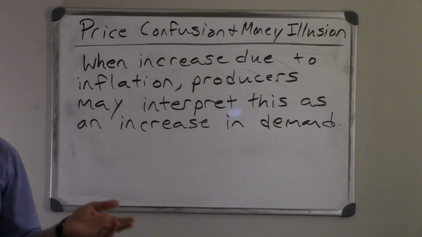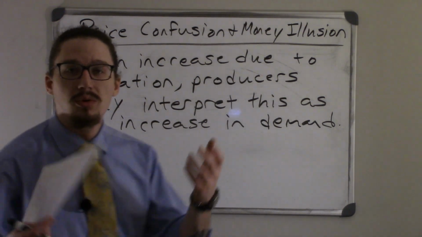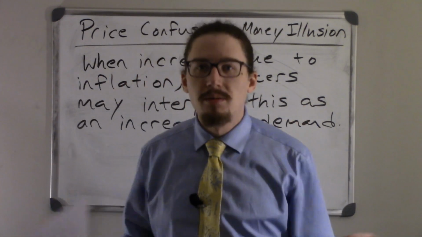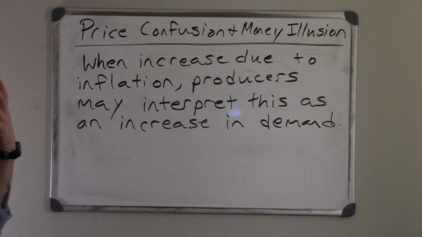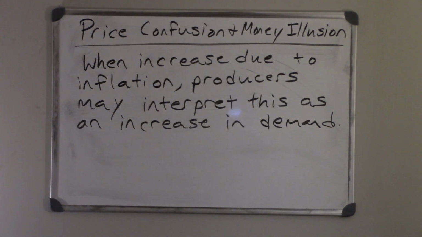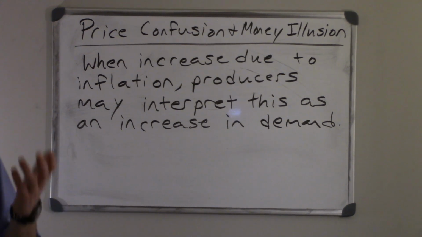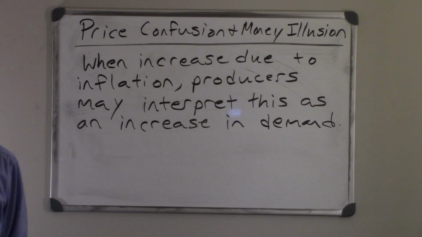It's either, for whatever reason, it's become more popular, kind of tastes and preferences, or consumer incomes maybe have risen, right? That's probably what this producer is thinking, right? Not that, well, we just have inflation, because you're not going to know that when it starts happening. So what does this producer do? Well, one, they think they're going to get a higher price for this good, so they might make more.